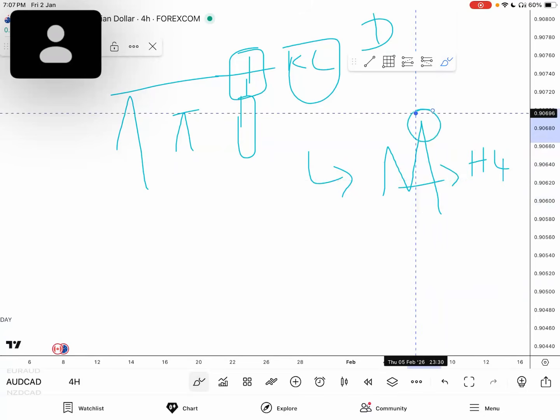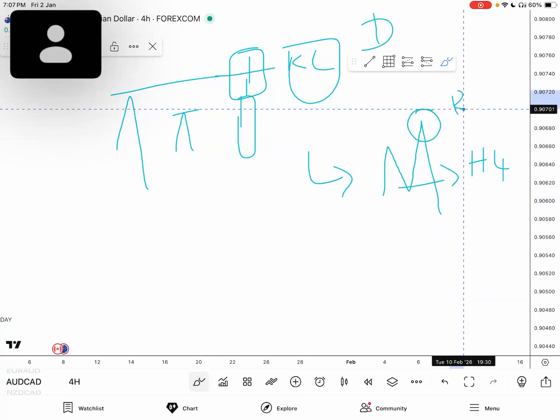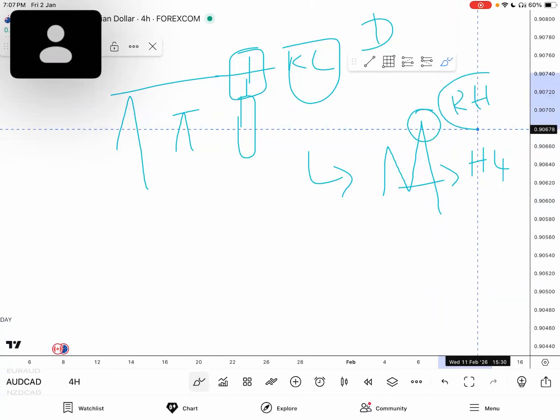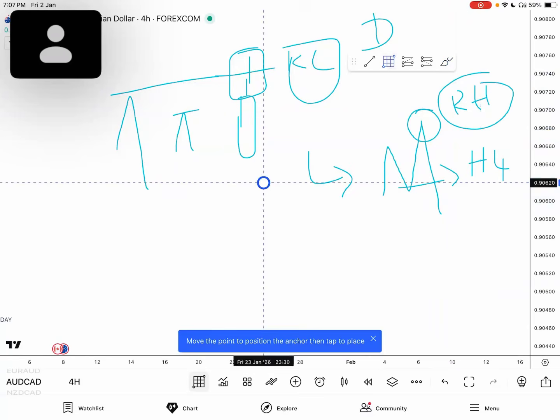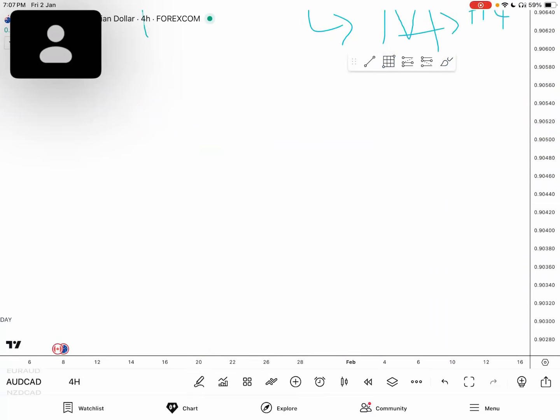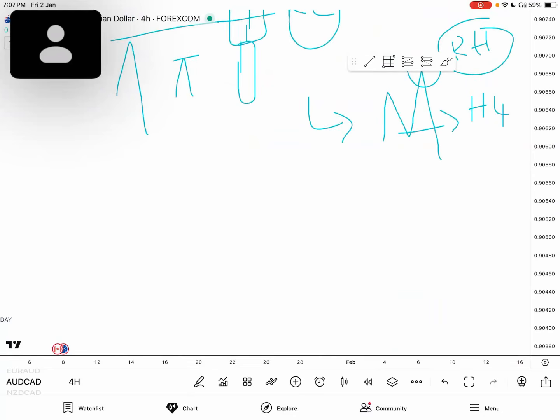Understand? This range high came from the higher time frame key level. Whenever there is a breakout, the range high will be formed. After the range high forms, you don't go for entry until the liquidity has been formed.